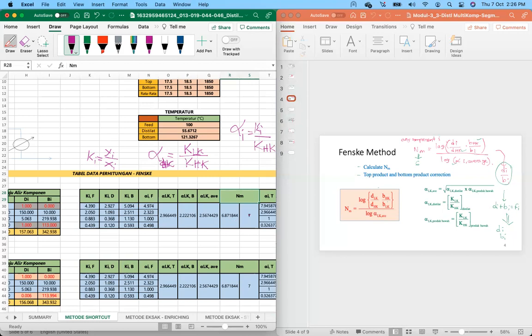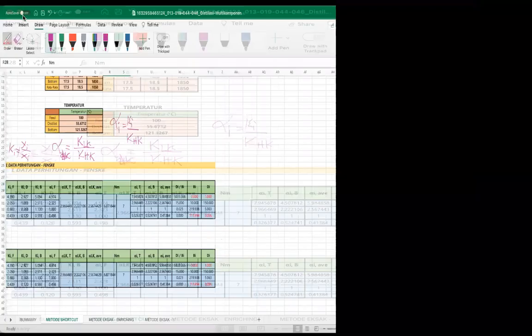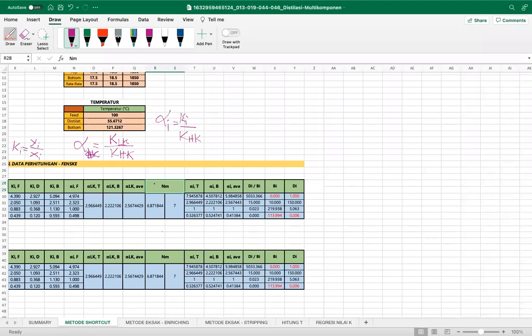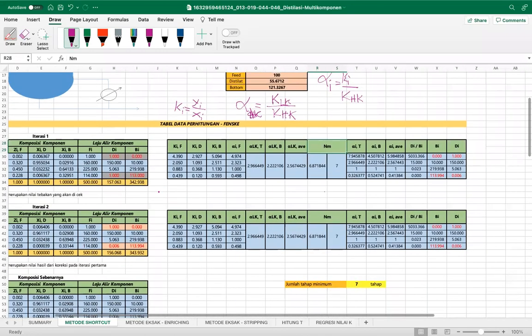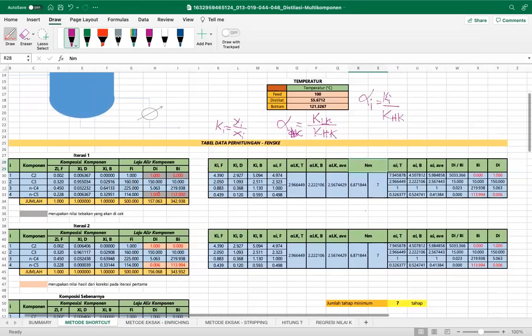And then they have 6.8 and round it into 7. Okay, so then you have the NM is 7 based on here, or 6.87, and then you round it up into 7.